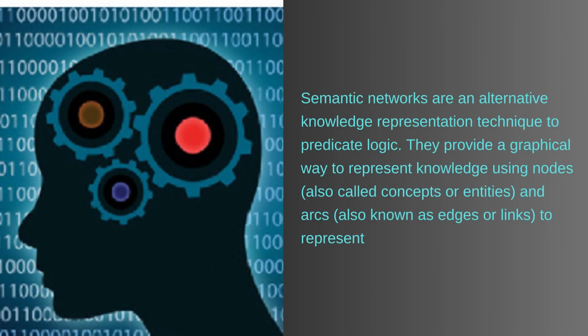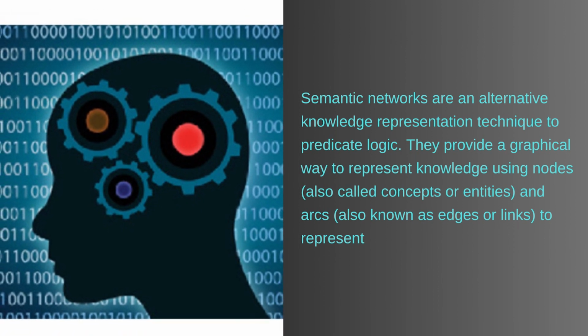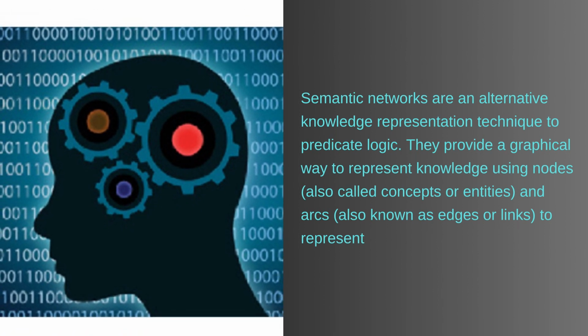Semantic networks are an alternative knowledge representation technique to predicate logic. They provide a graphical way to represent knowledge using nodes, also called concepts or entities, and arcs, also known as edges or links, to represent relationships between these nodes.